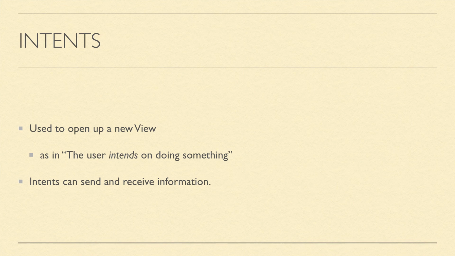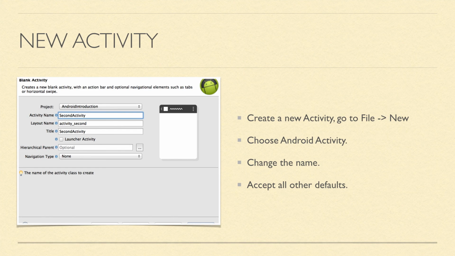An intent is just a data type. It's just an object you create. So you create a new activity. This one's called, imaginatively, SecondActivity. And when you go to File, New, Android Activity or whatever it's called, this is the screen that comes up, and you just enter whatever the name is.